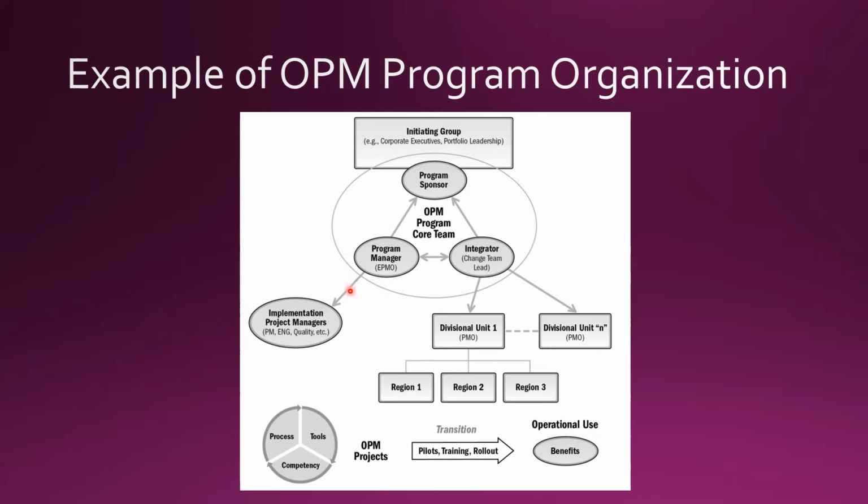And this is interacting with the different stakeholders like PMO. The program manager is talking about integrating with, or interacting with, implementation project managers. Similarly, the change leader will talk to the different division units across different regions.